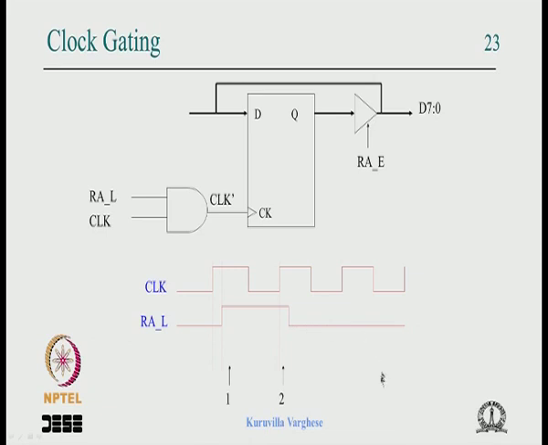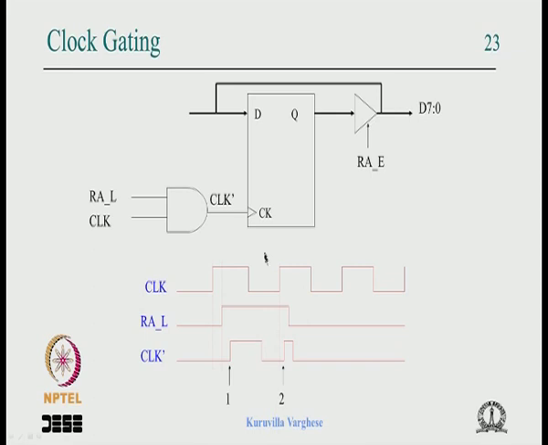Now you can already see the trouble, since we are ANDing here. When you AND this, you see there is an overlap of 1 1 here and an overlap of 1 1 here. Because of this AND gate delay, it comes delayed, and you get 2 positive clock edges, and you see the trouble.